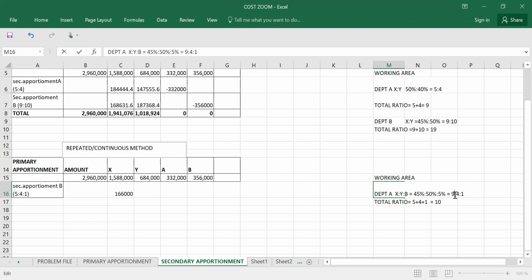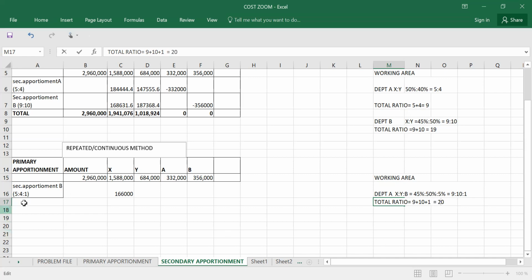When you reduce by 5, this one is a 9, this will be a 10, and that will be a 1. So the total ratio here becomes 9 plus 10 plus 1, which I think gives us 20.